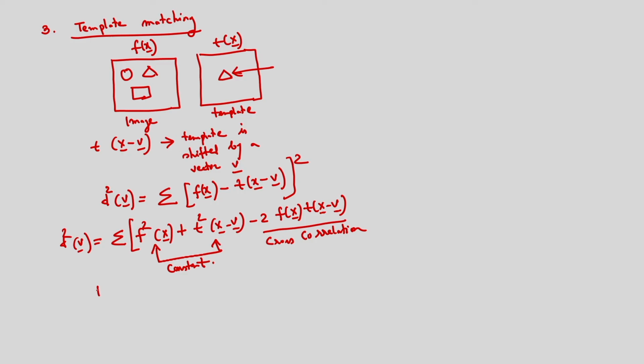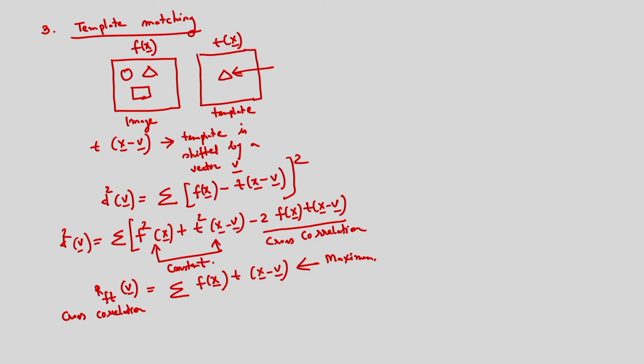So, the cross correlation between the image and the template is equal to the sum over all the distances of f x t, this one. So, this is the cross correlation, and this will be maximum when the template matches with the object in the image.